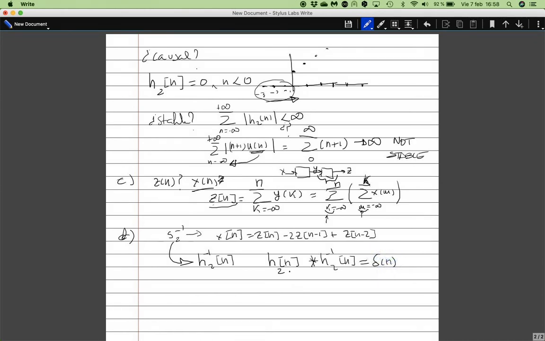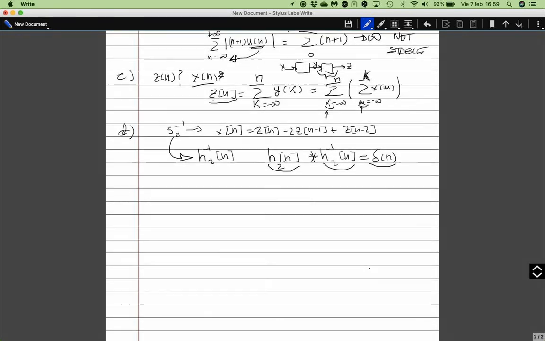This is the definition of an inverse system. I put the system itself in series with the inverse of the system and I get the delta. So I have to demonstrate that I make a convolution with this function, and I will get a delta. Let's go ahead and see if this is true or not.